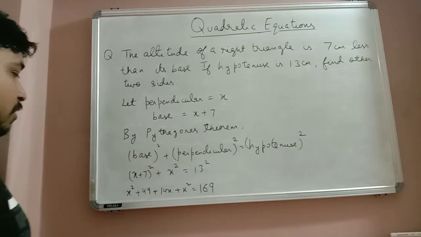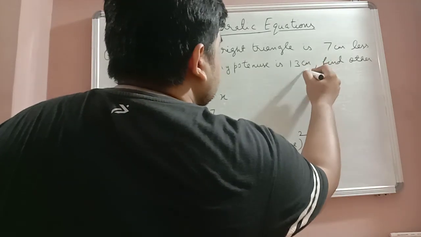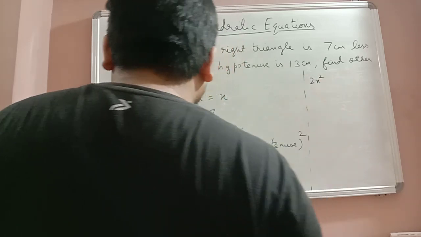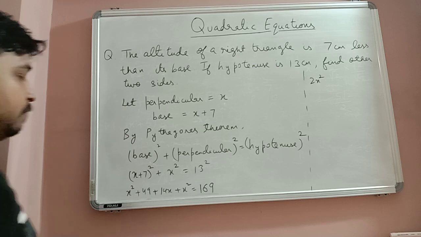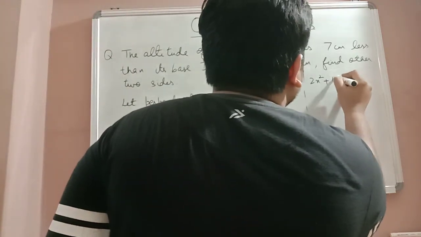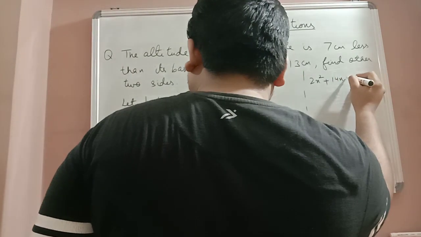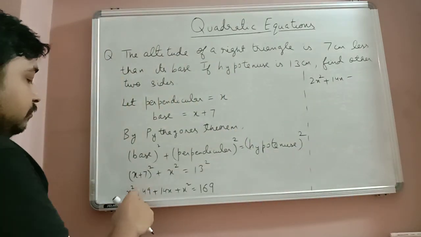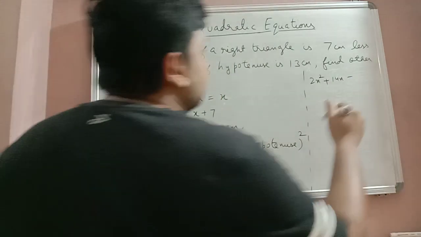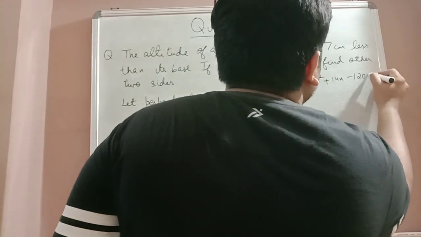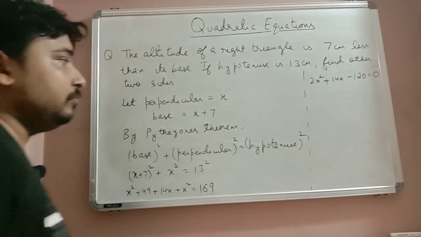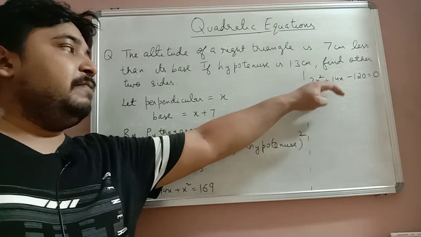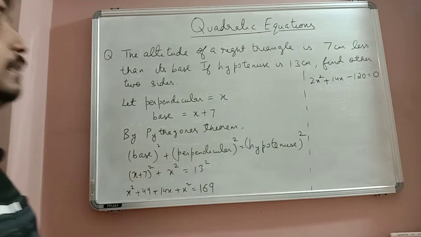Now on further solving we get 2x square plus 14x minus 120 equal to 0. So again we can further simplify this equation by taking 2 common.